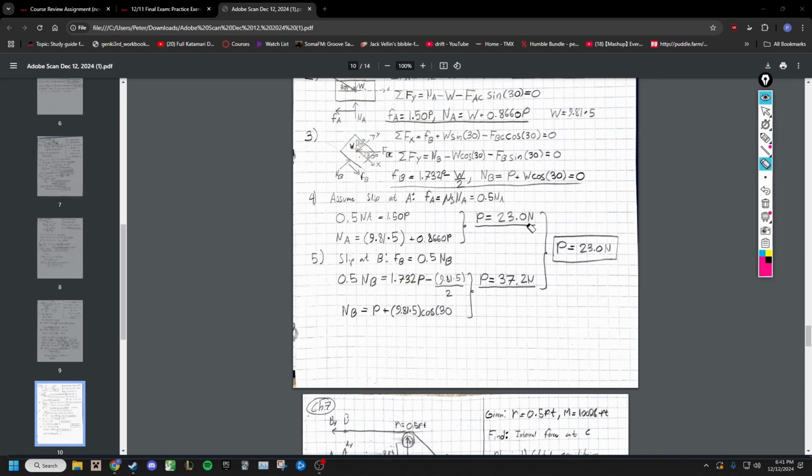We solve that, and we find that P equals 23 newtons. We do the same thing here. F of B equals 0.5 times the normal force at B, and we find that P equals 37.2 newtons. The P at A is less, so we know that P equals 23 newtons and that A will slip first, or A will fail first.